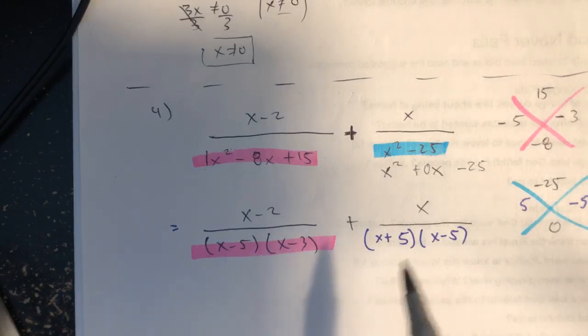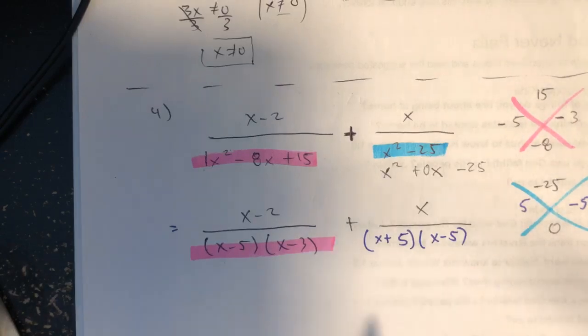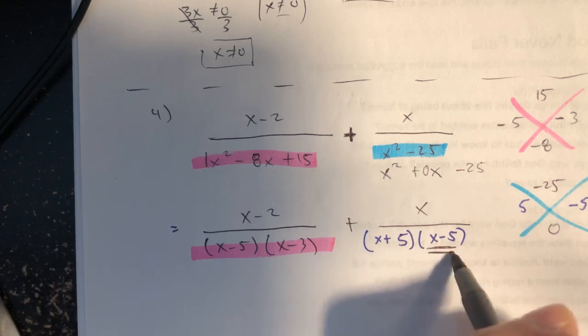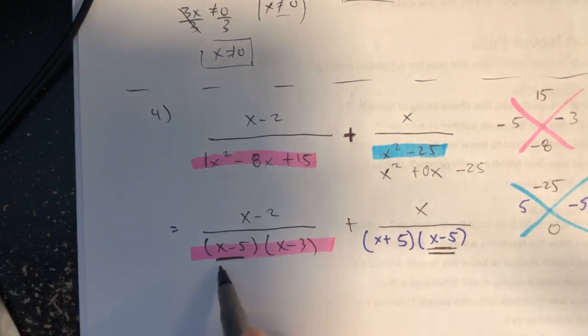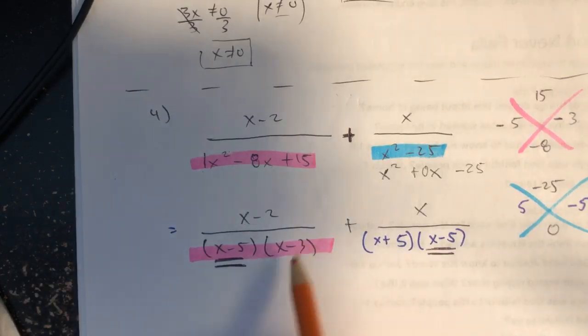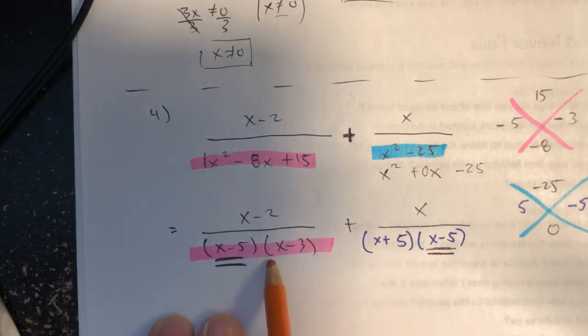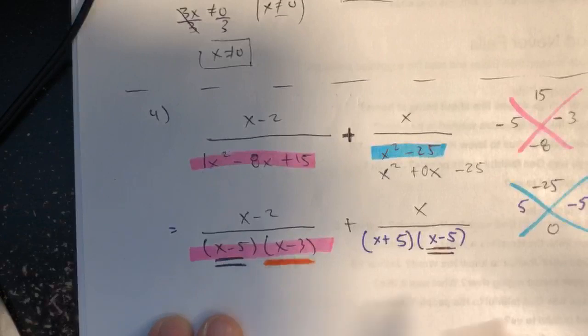All right. Now, in order to add the fractions, the denominators, the bottom part of the fraction, have to be exactly the same. So let's take a look at this. They both have, I notice, an x minus 5 in common. This is good. So in class, we kind of did some color coordination. They both have the double underlined x minus 5. This one has an x minus 3.